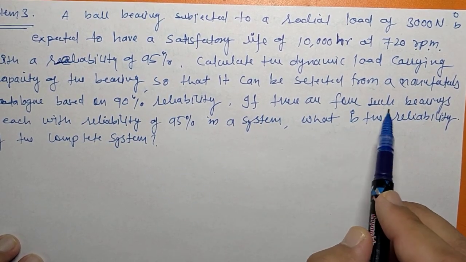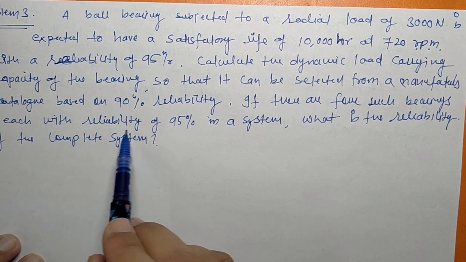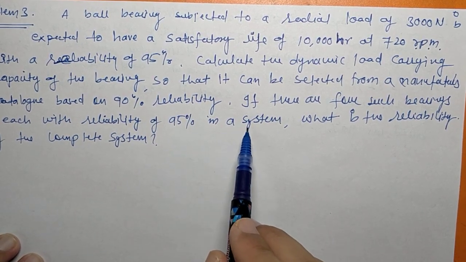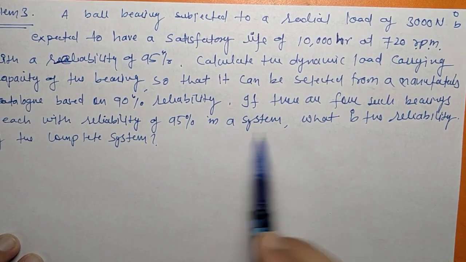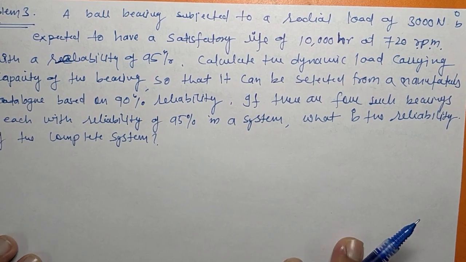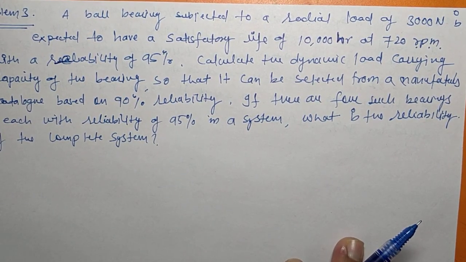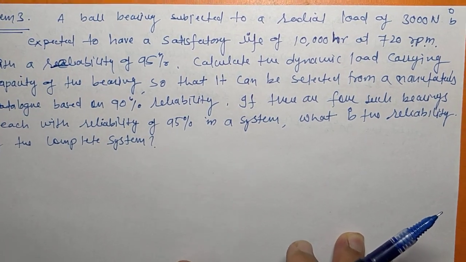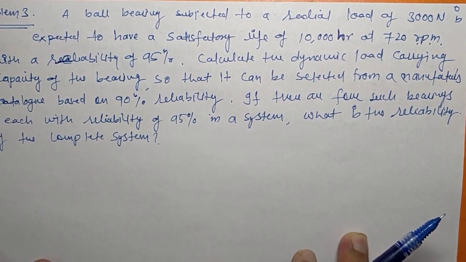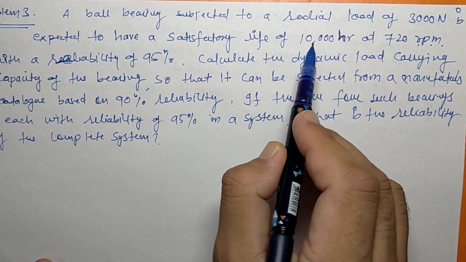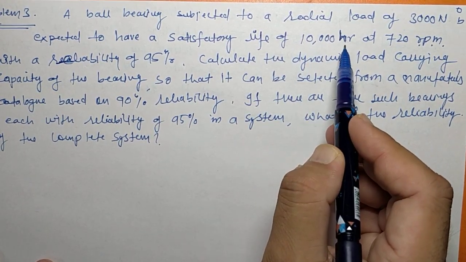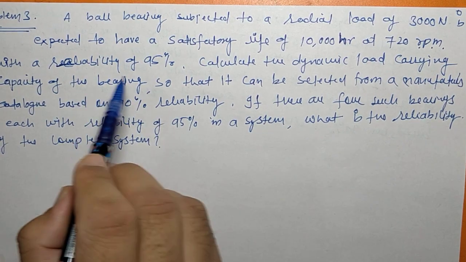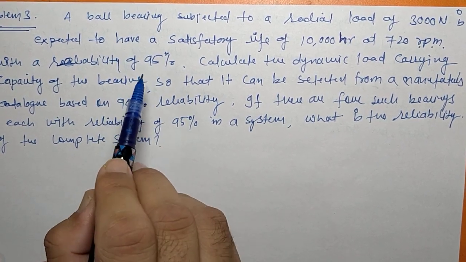If there are 4 such bearings, each with a reliability of 95% in a system, what is the reliability of the complete system? In this we are given the expected satisfactory life of 10,000 hours at 720 rpm with reliability of 95%.